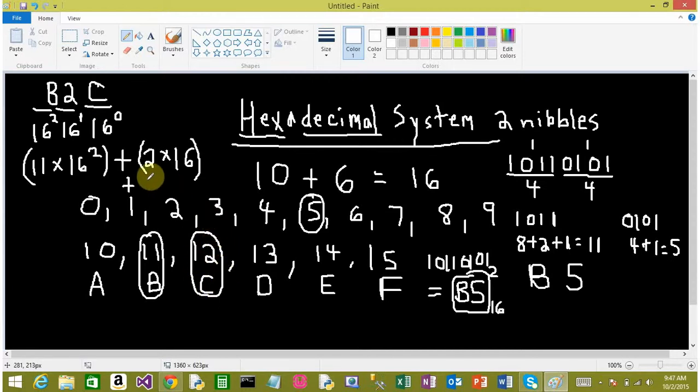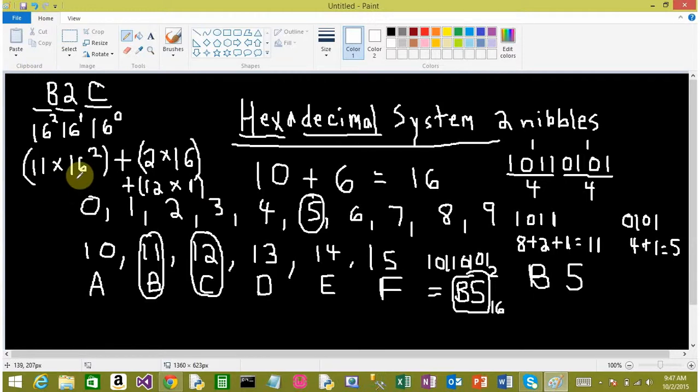So C is 12, so that's going to be 12 times 16 to the 0 power, which is 1. So that's just that. And we'll need a calculator here, or you can do this by hand if you like.